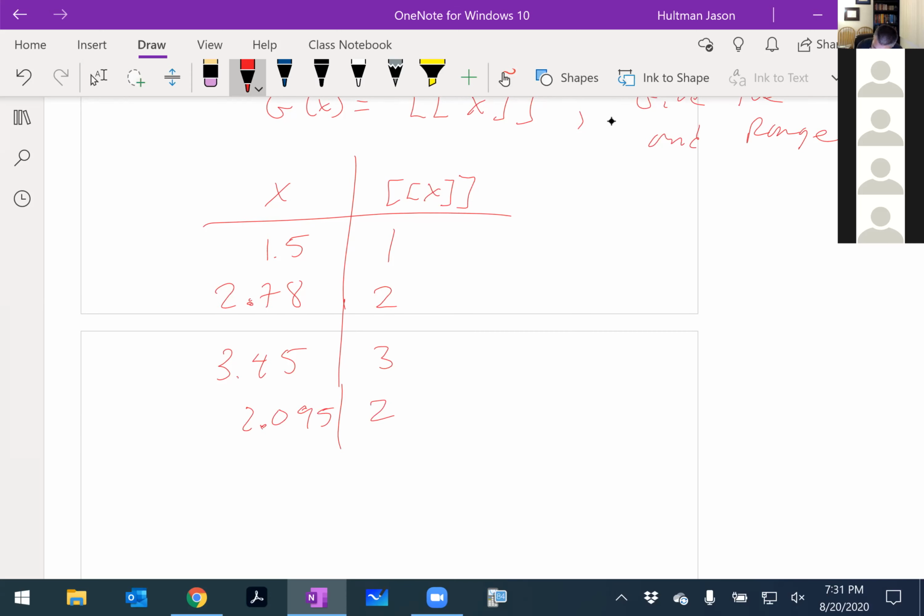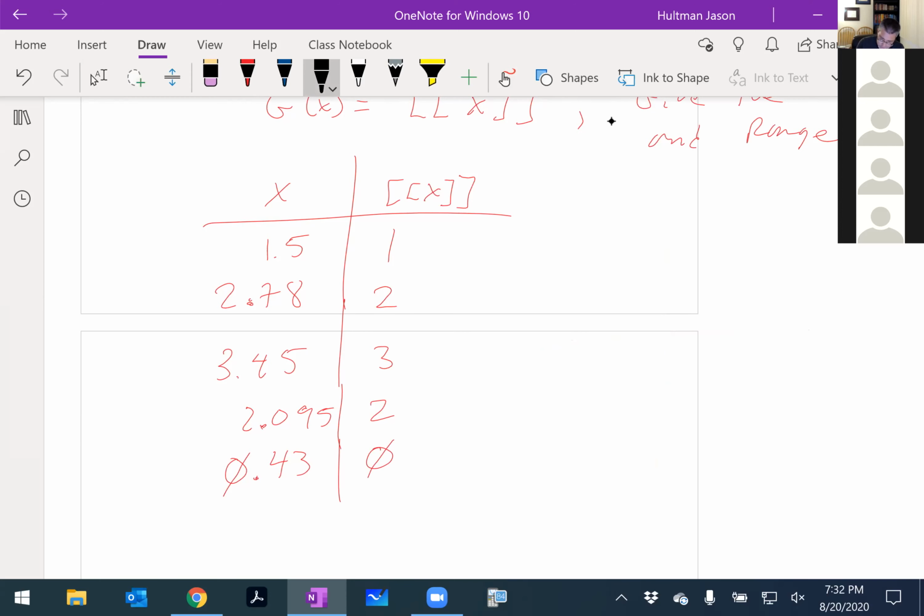So when we look at this function, let's do one more. Let's say that we have 0.43. How many whole dollars do I have? 0. Yeah, 0, thank you. 0 whole dollars there. Okay, so here's what this function looks like.